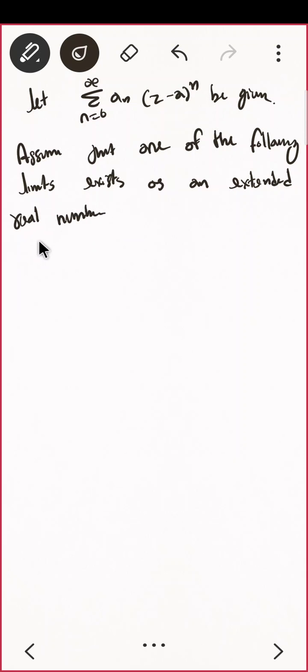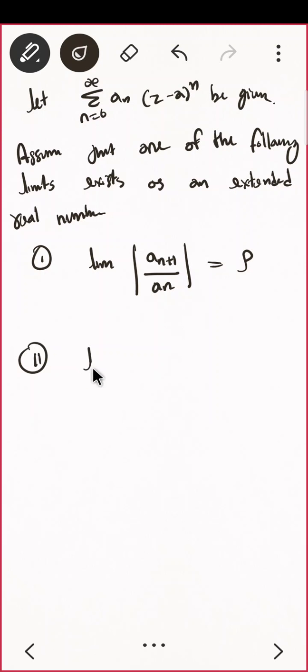Say the first limit is: limit of mod of a_(n+1) upon a_n is equal to rho. And the second is: limit of mod of a_n raised to 1 by n is also equal to rho.